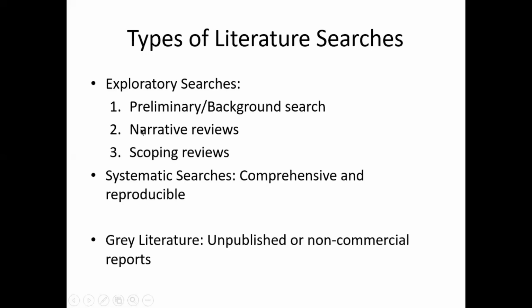So the third type is a scoping review. This now involves checking both published and unpublished studies. What I mean is, I didn't want to use the word, but I've put it down here. There's something we call grey literature.